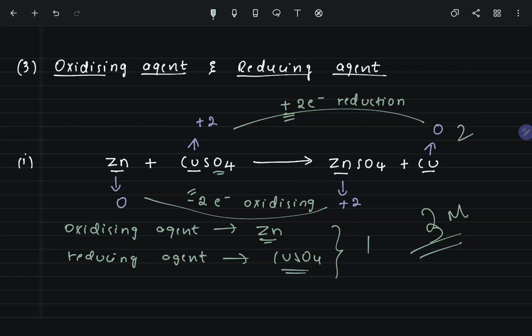So 2 electrons is reducing. For reducing, it's always plus, and for oxidizing, it's always minus. That's all. This you get for 3 marks and 2 marks. What's very important here is finding the oxidation state. Very, very important.